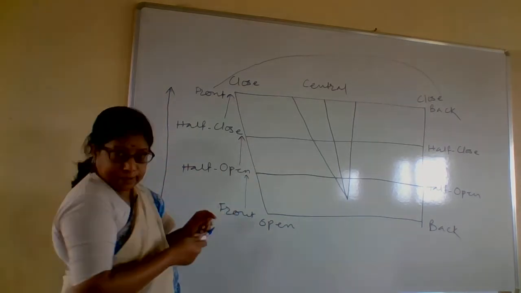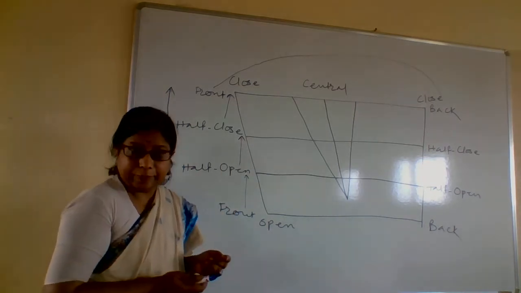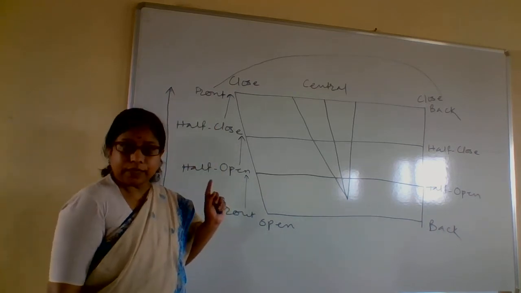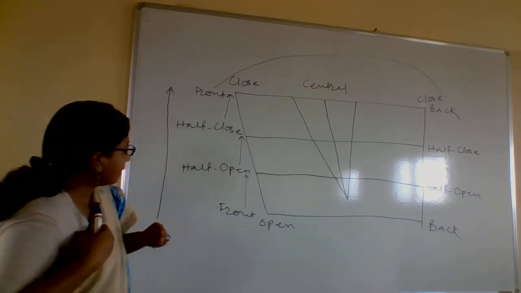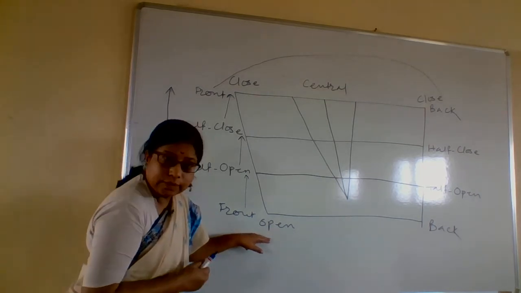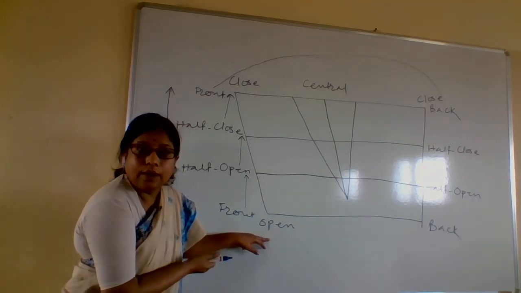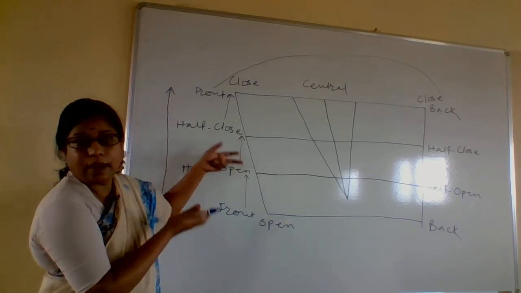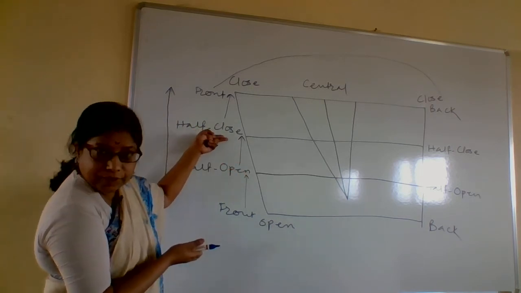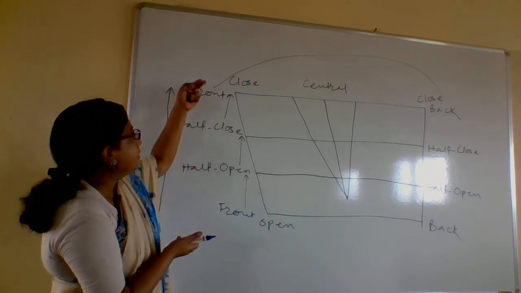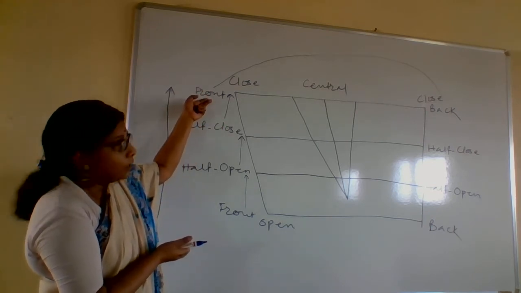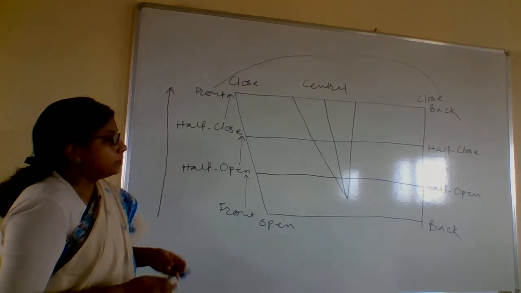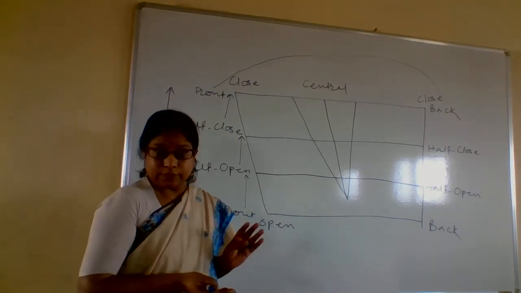So one label out of these is given depending upon the height of the tongue. If the tongue is in this position, it is known as the open vowel. If it is raised to this point, it is a half open vowel. If it is raised to this, it is half closed. If it is raised to this, it is a closed vowel. Right?